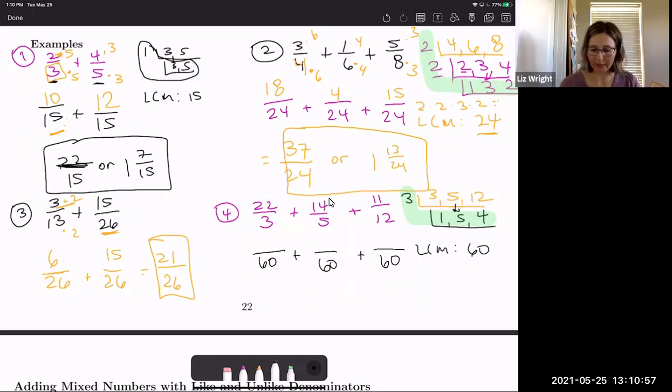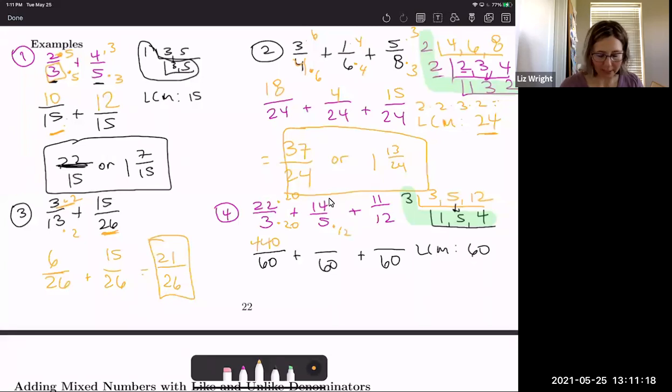And so for each of these, I'm going to, again, be asking myself 3 times what is going to give me 60, and that should be times 20. And then I'm going to multiply this by 20, and that should give me 440. And then here, 5 times 12 should give me 60.